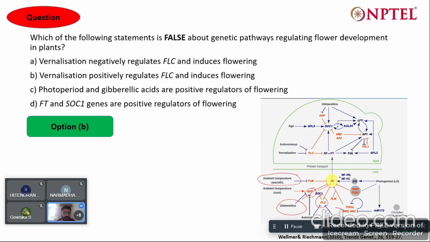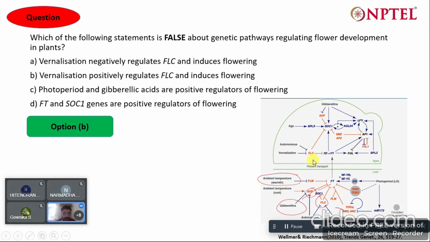So it activates FT, and FT will move to the apex and help in flowering. Photoperiod and gibberellic acid are also positive regulators of flowering because they inhibit the pathways that are inhibiting FT. Similar is the case with the FT and SOC1 genes, which are positive regulators of flowering.